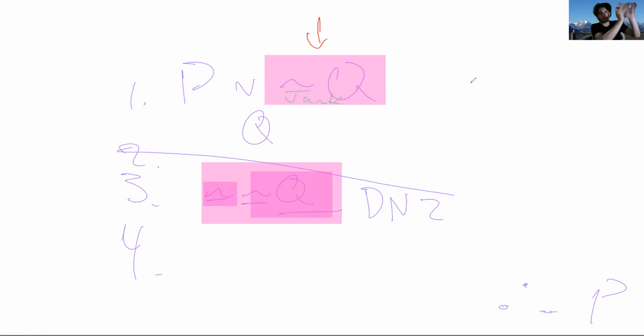You respect whatever the main operator is and treat whatever's on either side as a unit. So that whole thing is junk. So right here, this inside pink is junk, and then the outside thing is just not junk, right? So from that, the rule says we can get stuff. And what is stuff? It's just P.